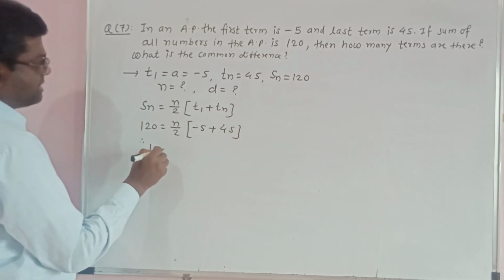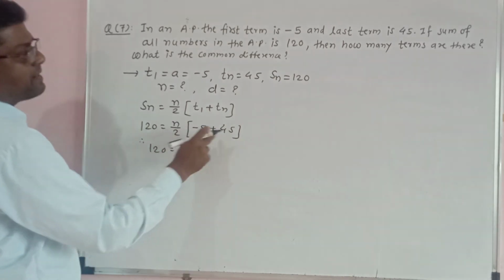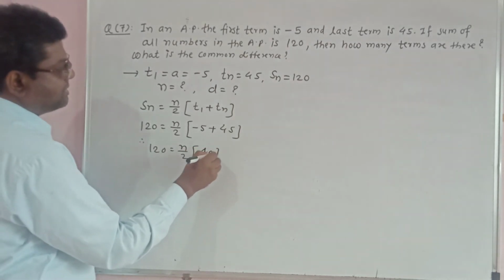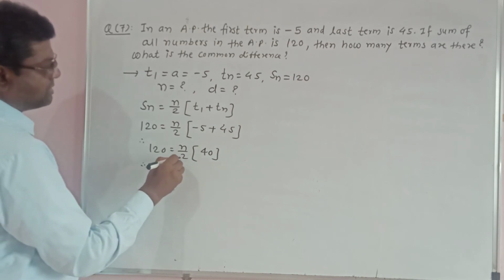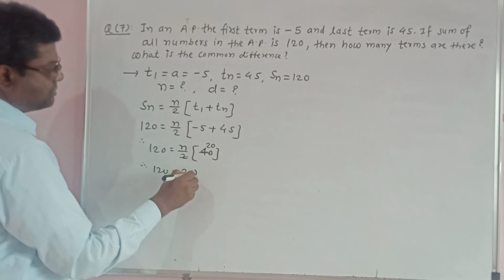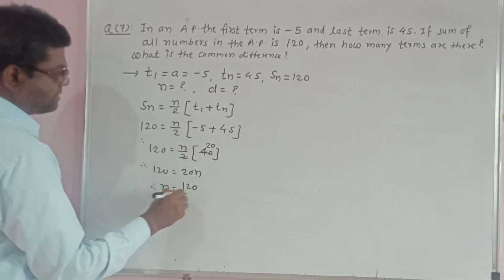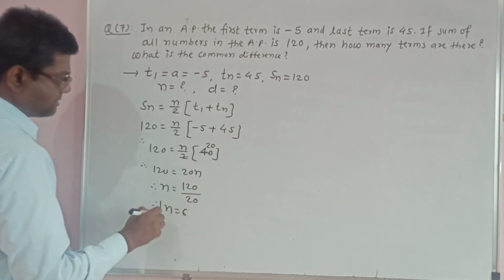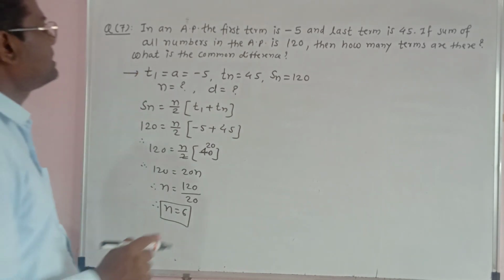Therefore 120 is equal to n upon 2 in bracket minus 5 plus 45 is 40. Therefore 120 is equal to, divide this 40 by 2, it will be 20, is equal to 20 into n. Therefore n is equal to 120 upon 20. Therefore n is equal to 6. So the number of terms is 6.